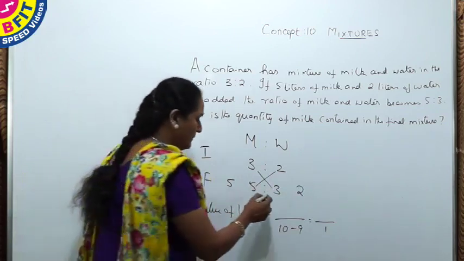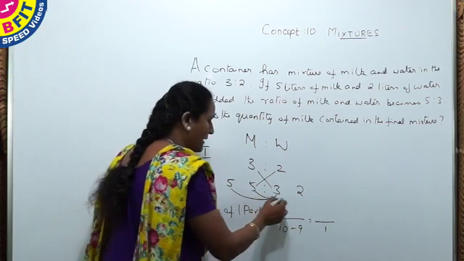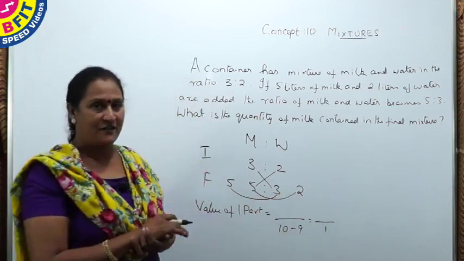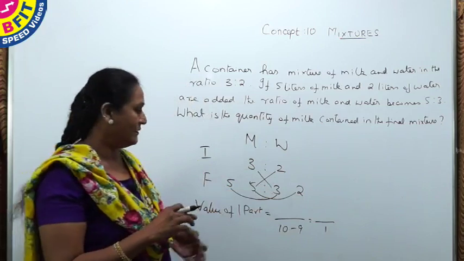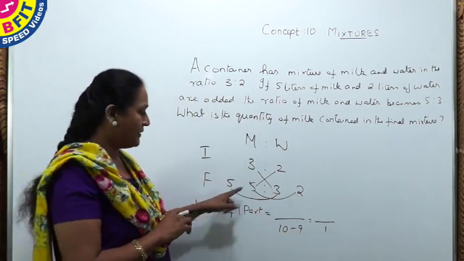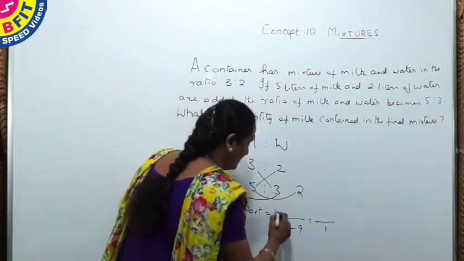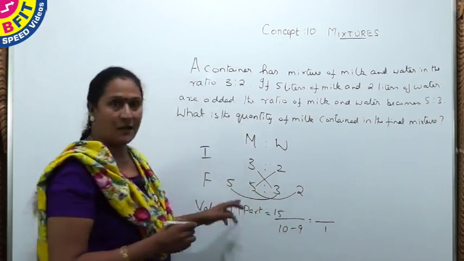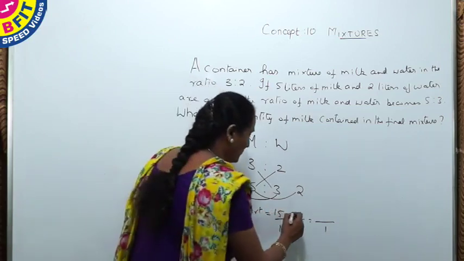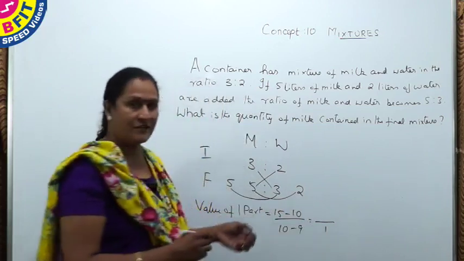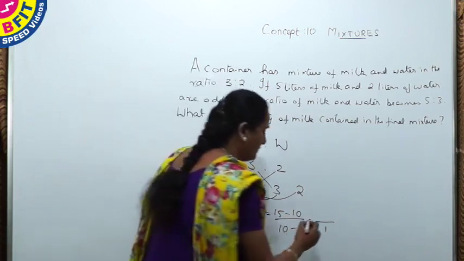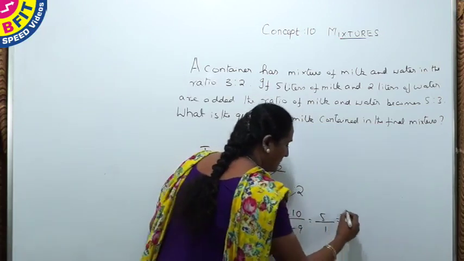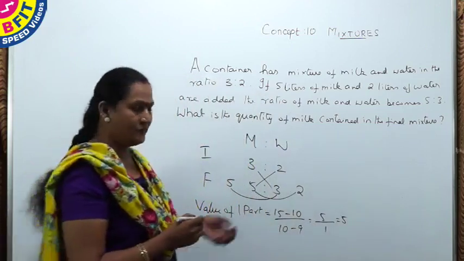In this question, you just multiply and subtract. Only this is the difference if the values are different for both the parts. So multiply 5 and 3, it is 15, and multiply 5 and 2, it is 10. The difference will give you the numerator. So the value of one part is 5.